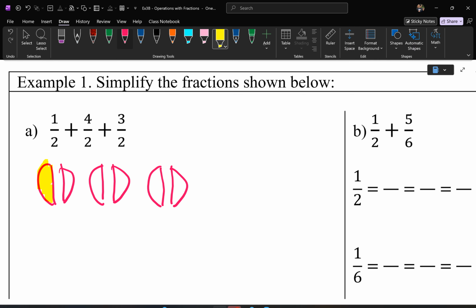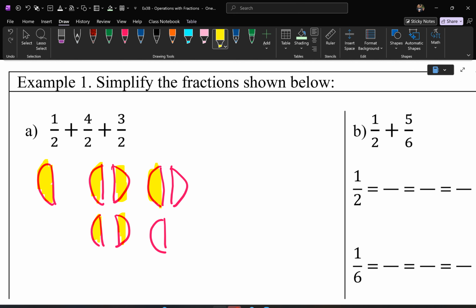And then you add on, I've got 4 of those halves. That's what this means. This means 4 of what type? What type of fraction do you have? I've got halves. So what I'm adding on is 1, 2, 3, 4. And then the third one, I've got halves again, but this time I've got 3.